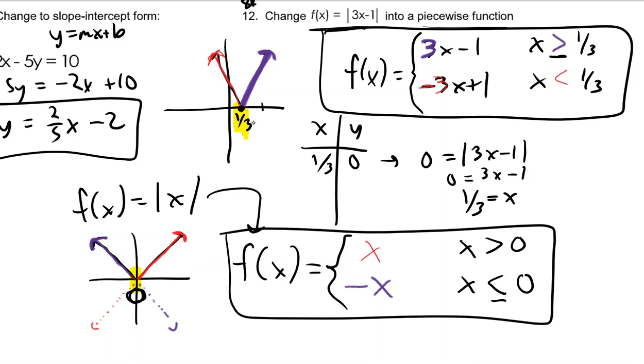But this one I didn't know where it was, but I solved when y equals 0. I could tell x had to be 1/3. So 1/3 is where it was switching off. I knew I wanted the right side of this one because I wanted the positive slope to be after that, and I wanted the left side of this one because it's the one with the negative slope, and it exists to the left of 1/3. So that's how you go about piecing those together.